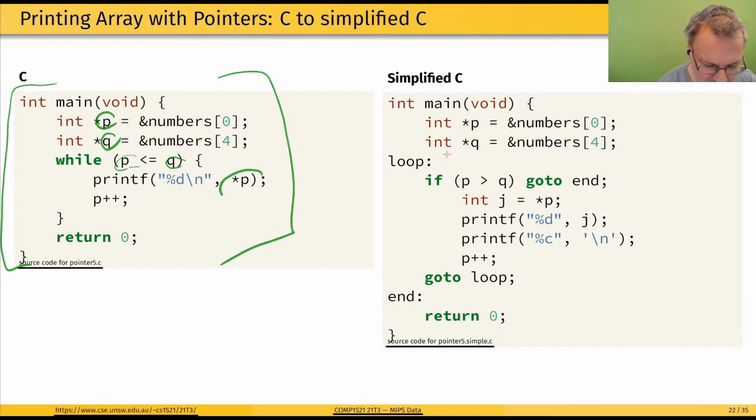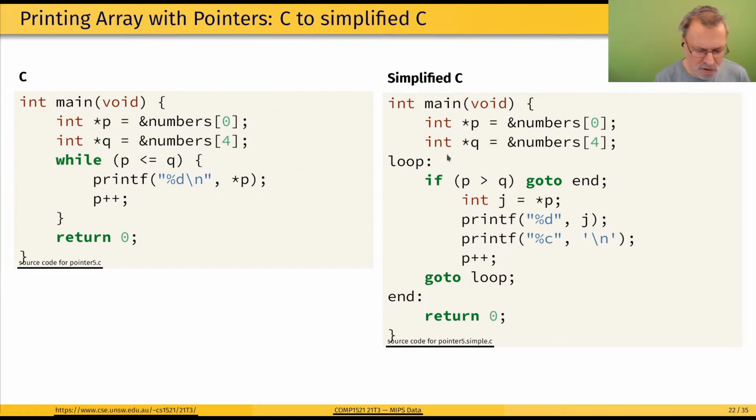There are two huge things here with array elements and pointers. If, and this is a big if that people sometimes forget, P and Q point into the same array, then you can do a comparison operator.